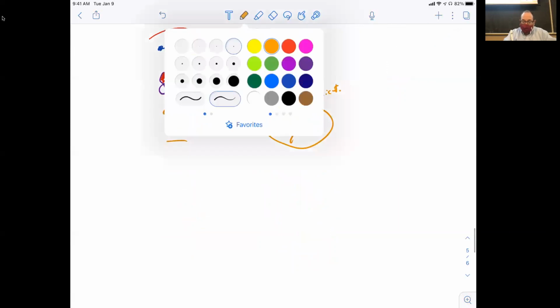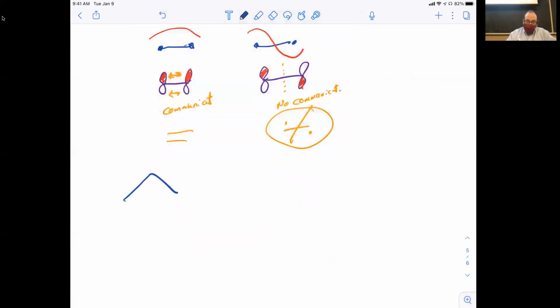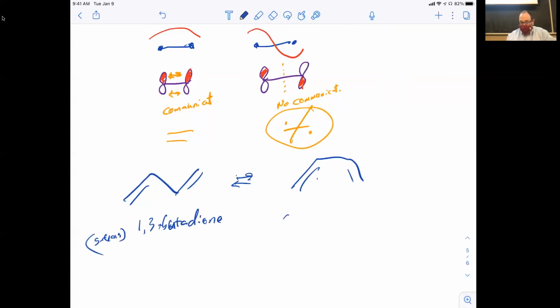Now let's look at butadiene. So we have this, that could rotate and be in this conformation. So this is 1,3-butadiene, and this is the S trans form. And this is the S cis form. 1,3-butadiene.